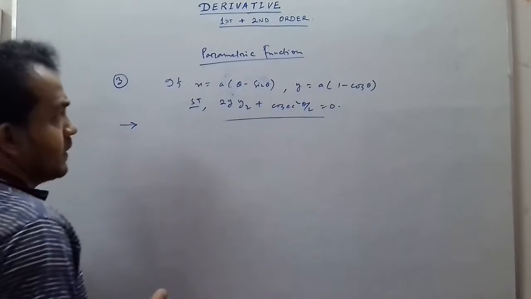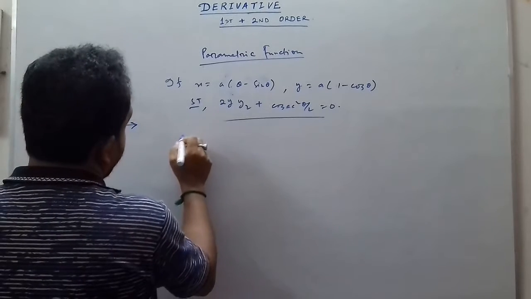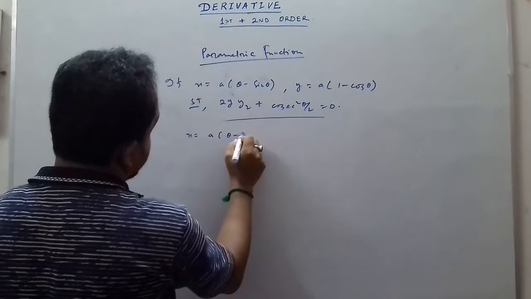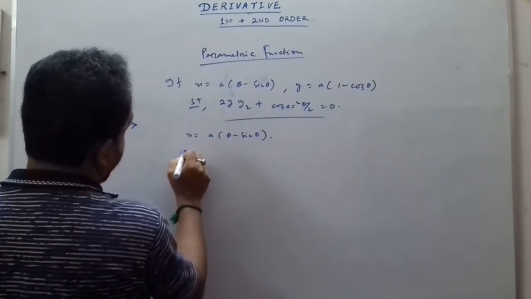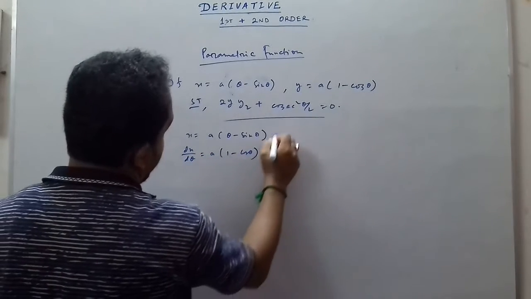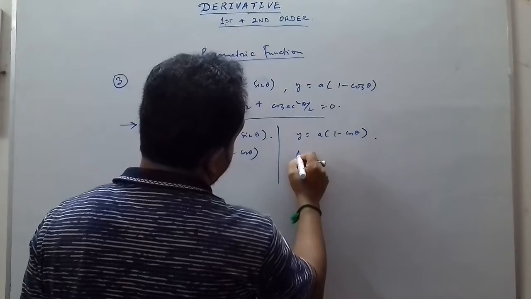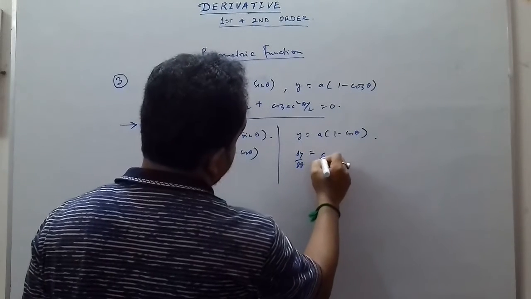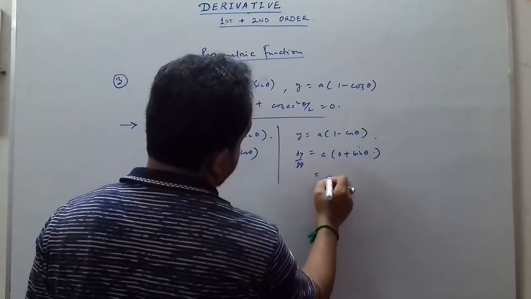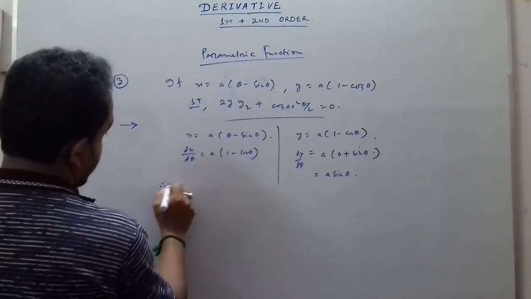So here also we find both x and y are parametric functions. Differentiating x, which is a into theta minus sin theta, with respect to theta, we get a into 1 minus cos theta, and y is equal to a into 1 minus cos theta, so dy d theta is equal to a into 0 plus sin theta, that is a sin theta. dy d theta equal to a sin theta, dx d theta equal to this.